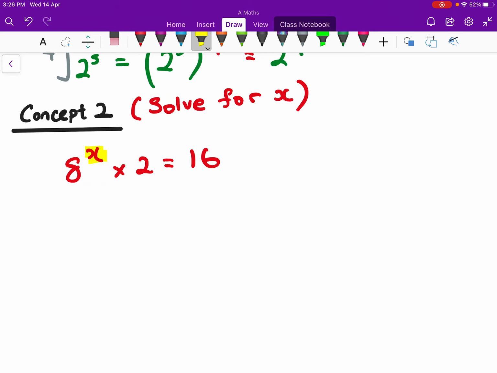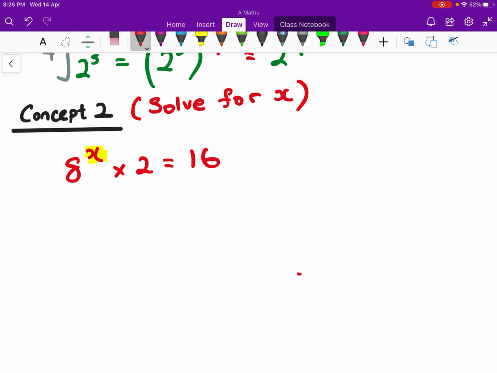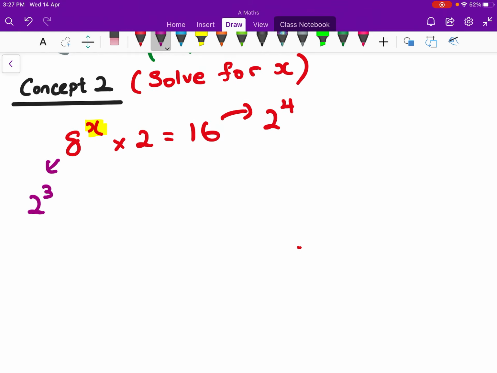Okay, first of all, whenever we solve for indices, we need to make the left hand side and the right hand side the base into the same number. So what do I mean? 16 in terms of 2 to the power of 4 is equal to 16. Alright, and let's take a look at 8. So 2 to the power of 3 is equal to 8. Okay, so let me manipulate further.